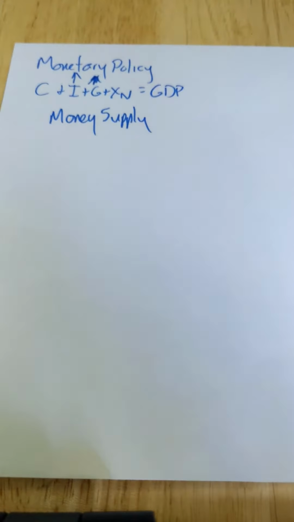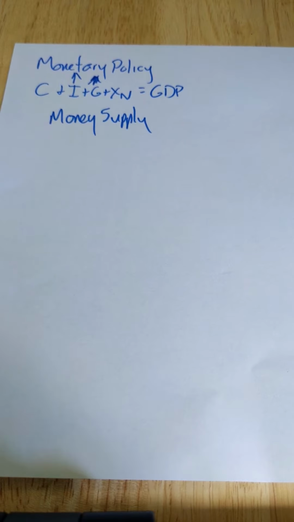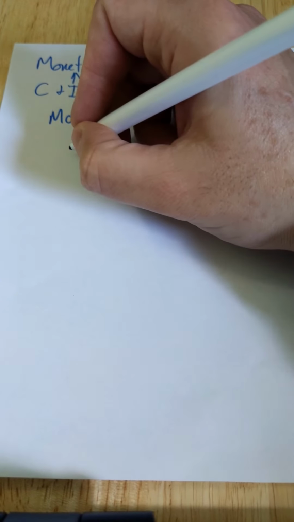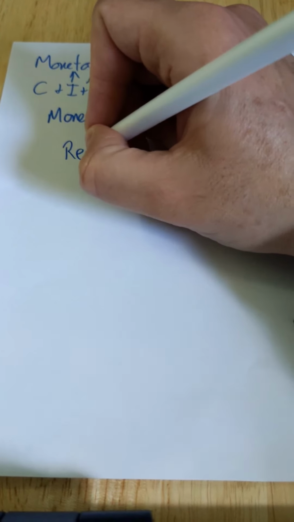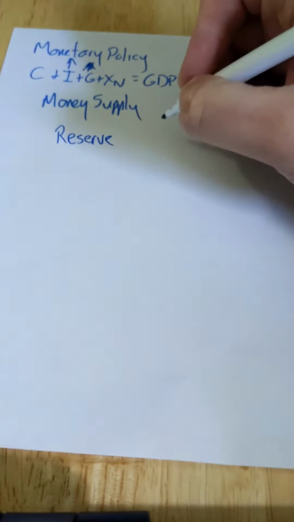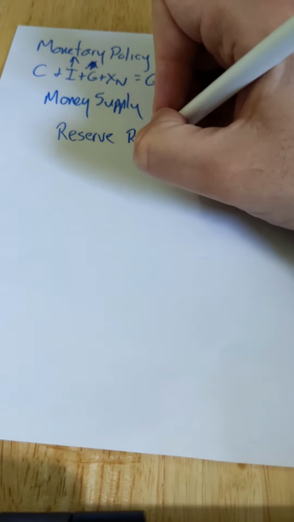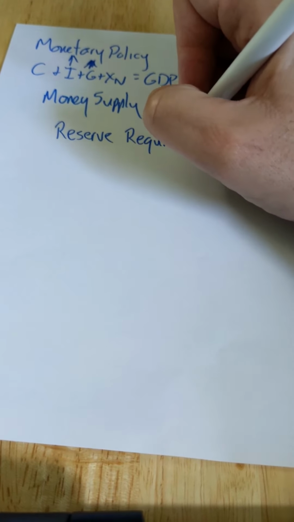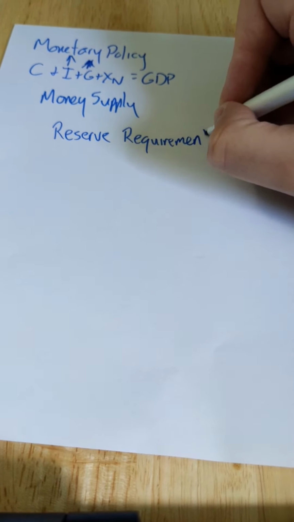So, how does the Federal Reserve engage in monetary policy? Well, there are three different mechanisms by which they engage in monetary policy. The first is what's called manipulating the reserve requirement. Okay, so that's one.